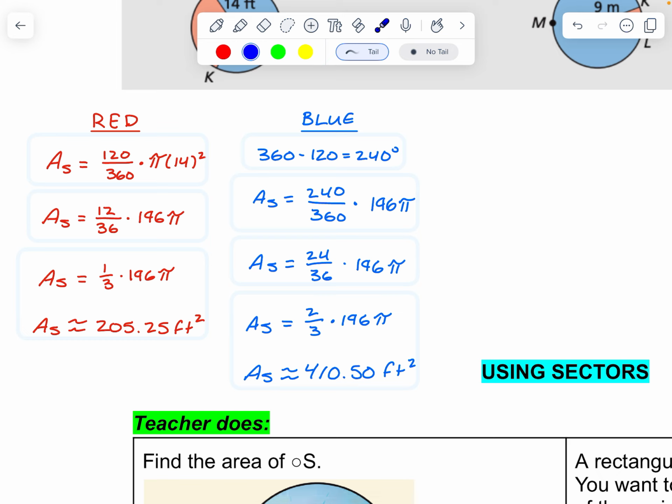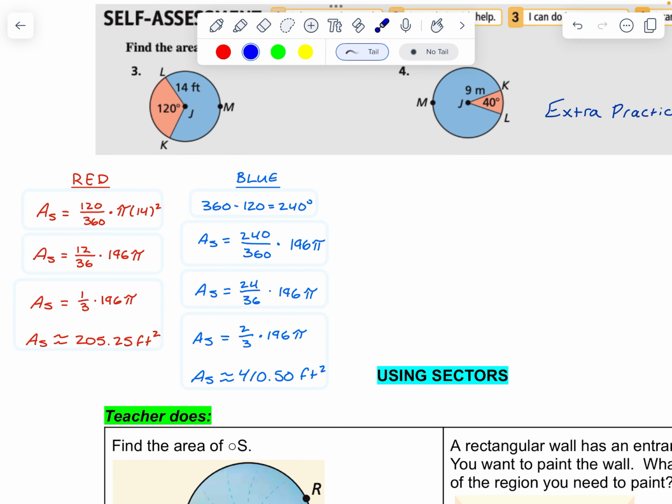I could, if I wanted an exact answer, bring that 196 pi up to the numerator, and my exact answer would be 196 pi divided by 3. And then I would reduce 196 over 3 if I could. But in this case, I'm only interested in the approximate area, which would be 205.25.